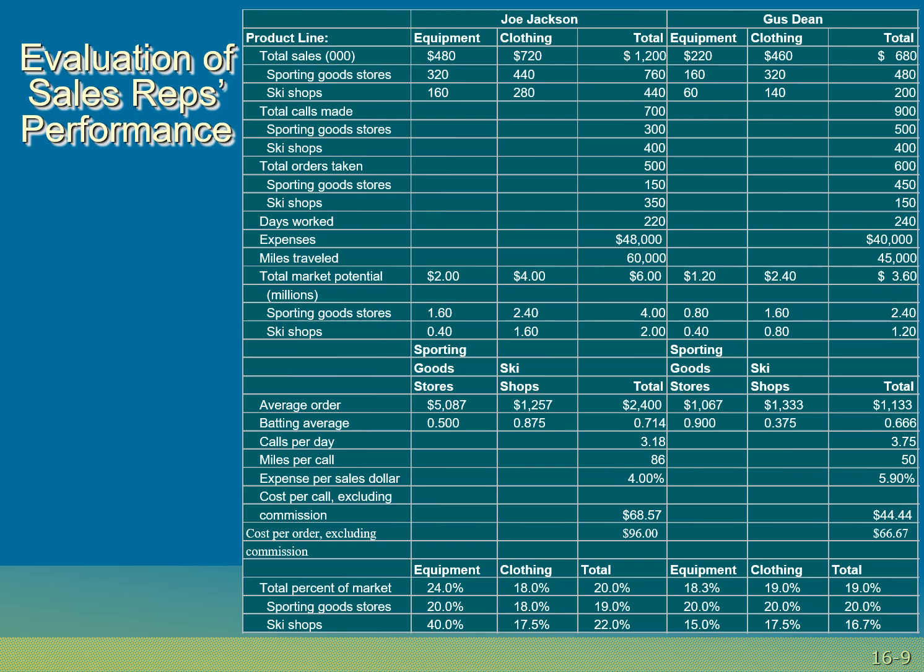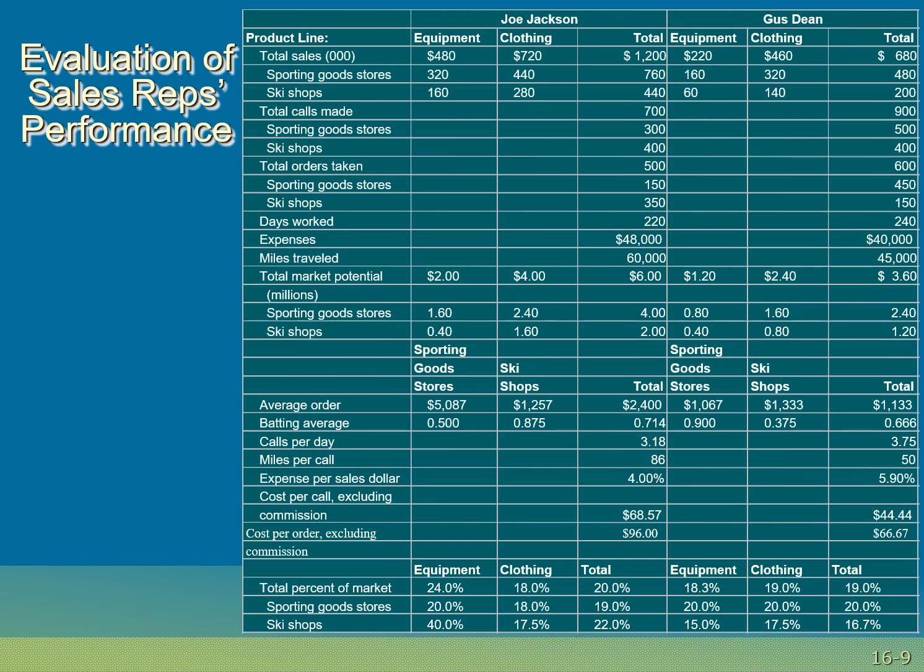Of which 150 to sporting goods, 350 to ski shops. How many days he worked? 220 days. And his expenses are $48,000. And the miles traveled, he drove a lot, 60,000 miles.